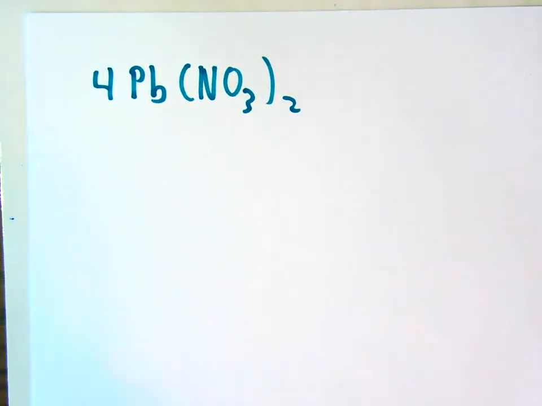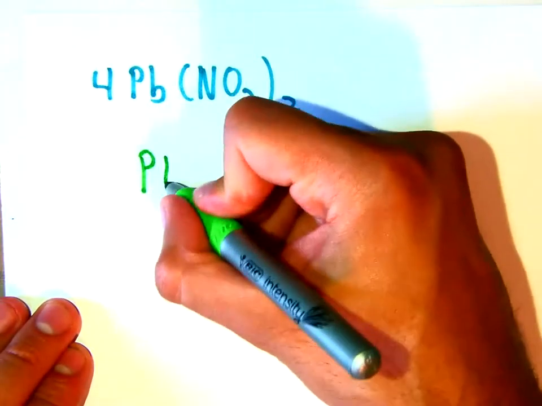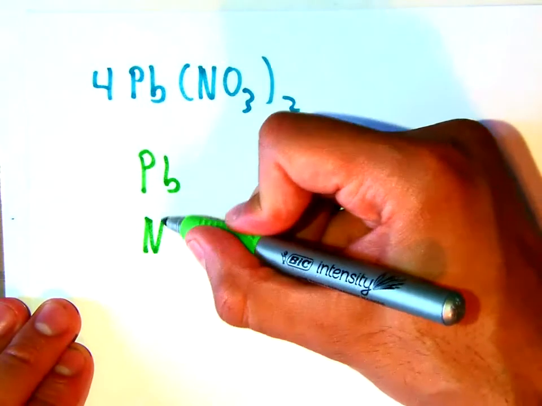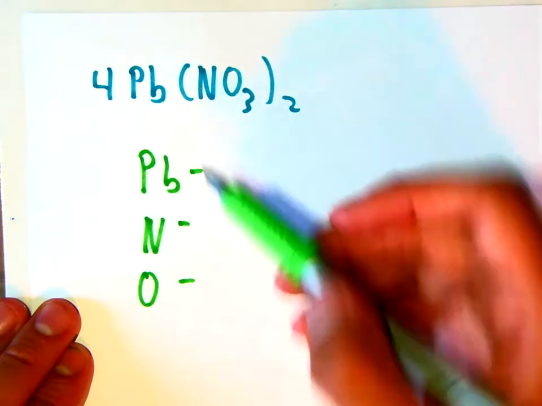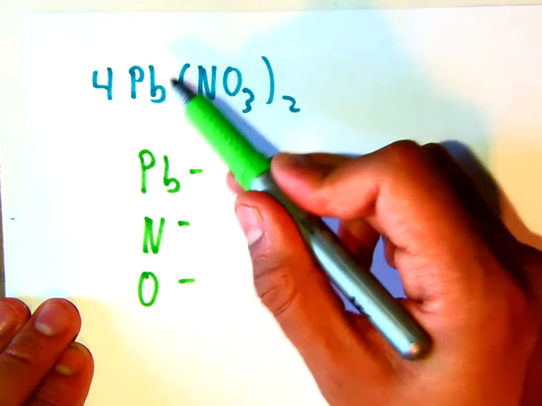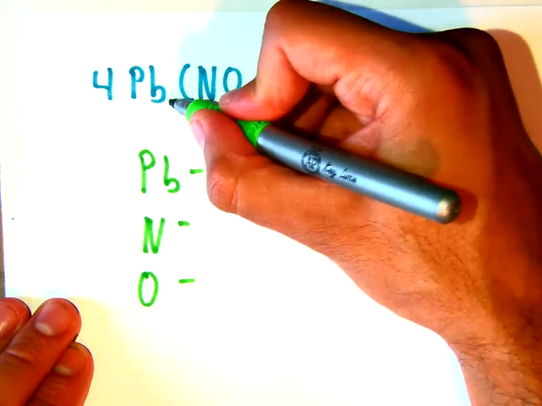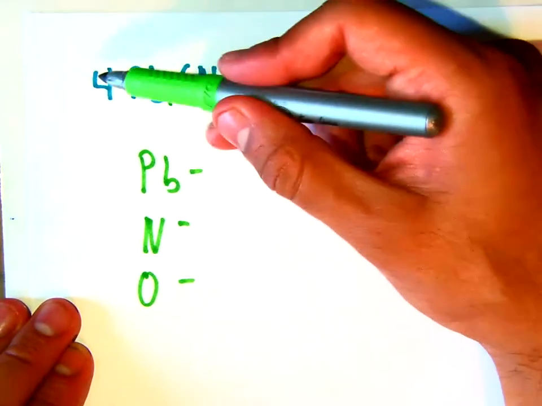First let's list our elements. You see how this is lowercase? That means they're together, one element. So Pb, N, and O. This 2 doesn't apply to the lead because the 2 only applies to the parentheses. So there's an invisible 1 here. You can draw the brackets if you feel like it's helpful. So 4 applies to that.